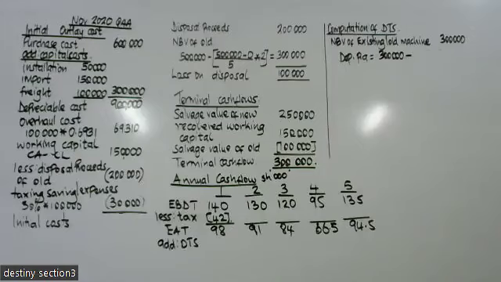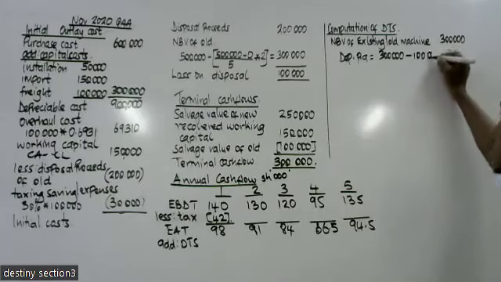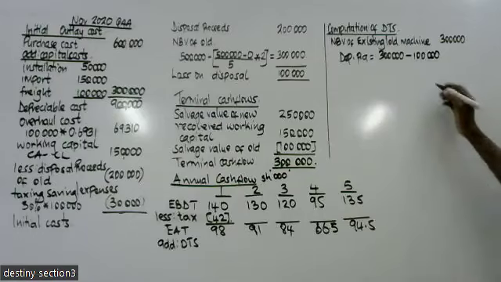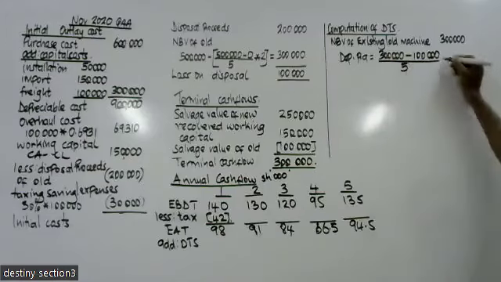And they were saying that that asset could be disposed for how much? 100,000. Yes. It could be disposed for 100,000. And it could be used for how many years? 5 years. How much is your depreciation per annum there?